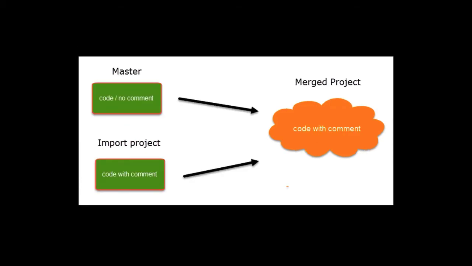Now looking at a project that has codes that have no comments, and then in the import project a person has added comments to one or multiple codes. So in the merged project we will end up with commented codes, because the comments are different as compared to the master project, and then those will be added to the project.